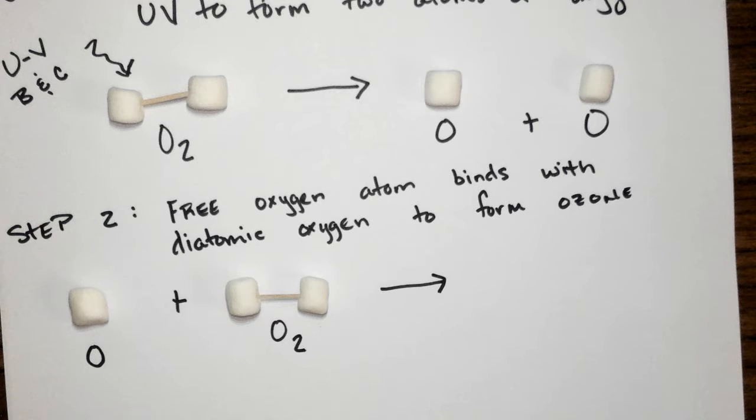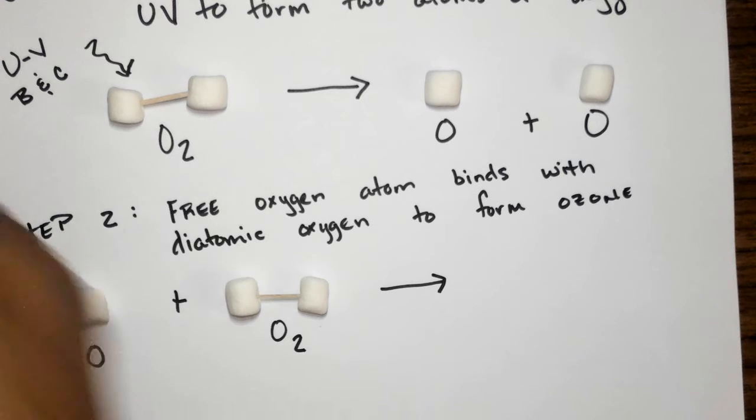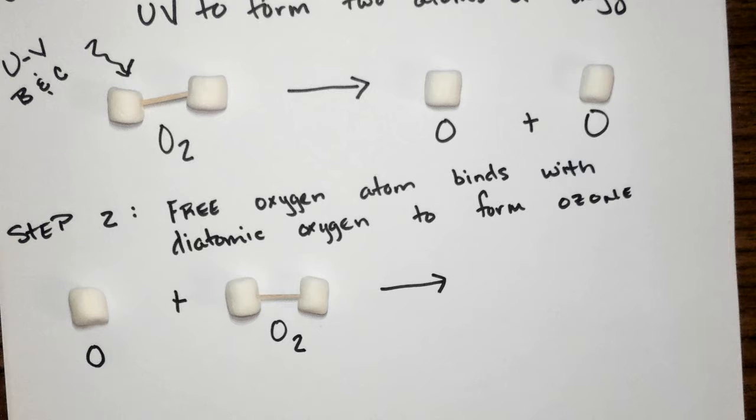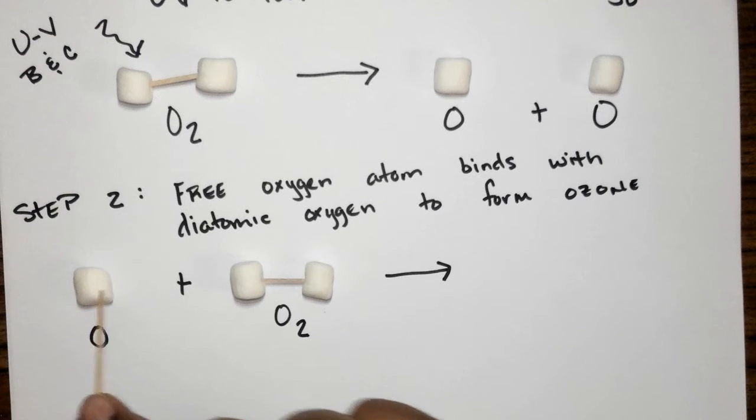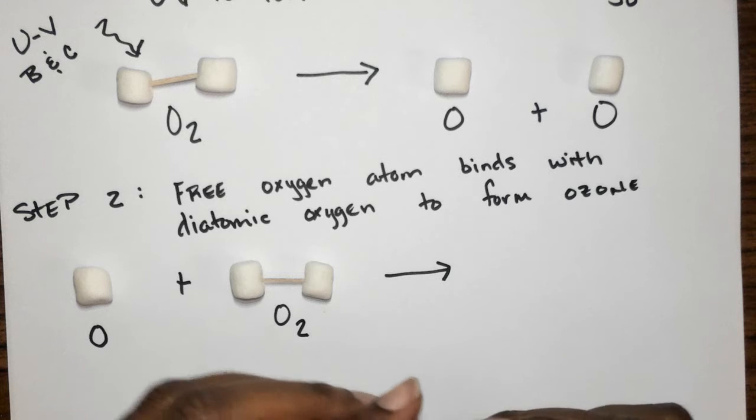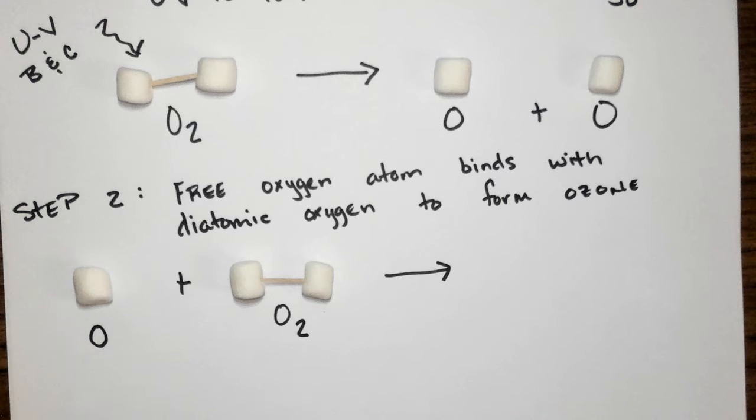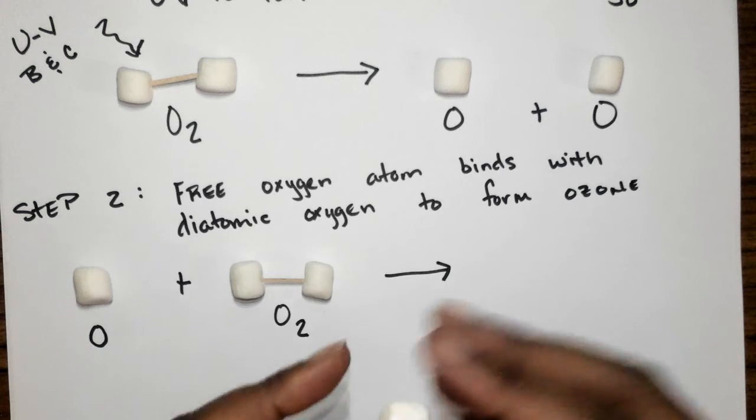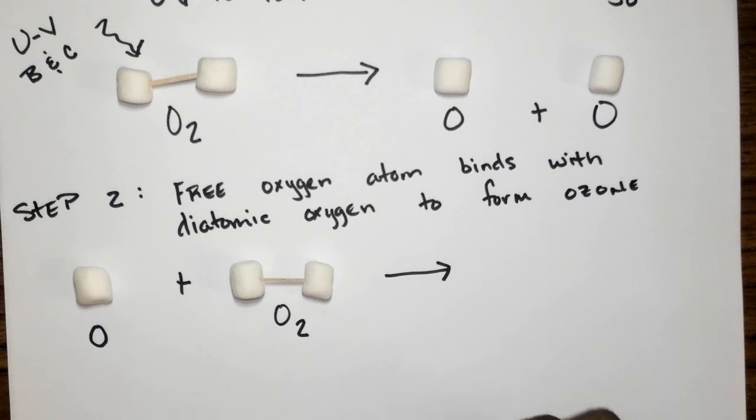Now, ozone has how many oxygens? Say that again. She said 3. Very good. And you could tell because I've got 1, 2, 3. So how are we going to make that? Alright, so it kind of goes like this. And it looks like a triangle.